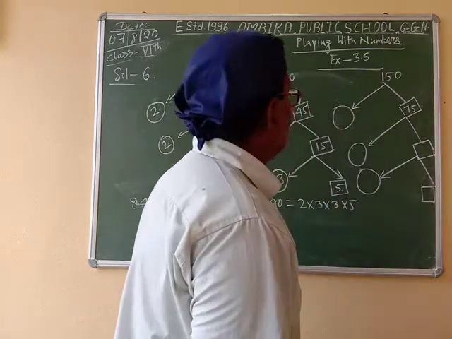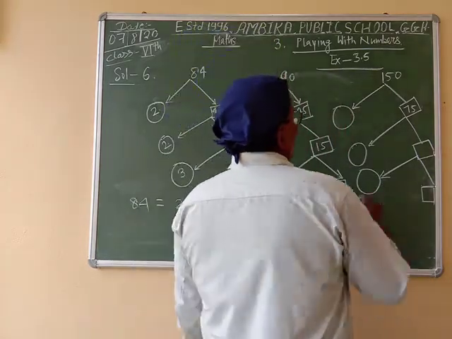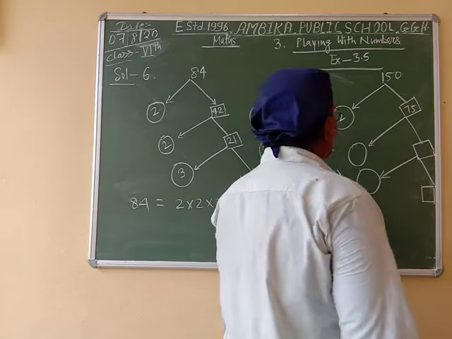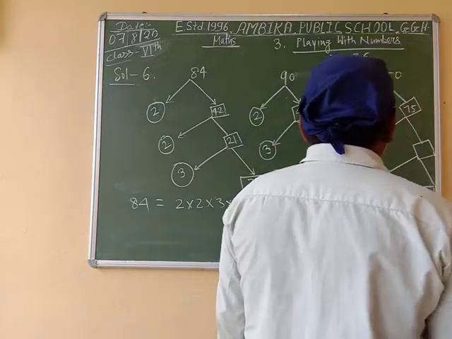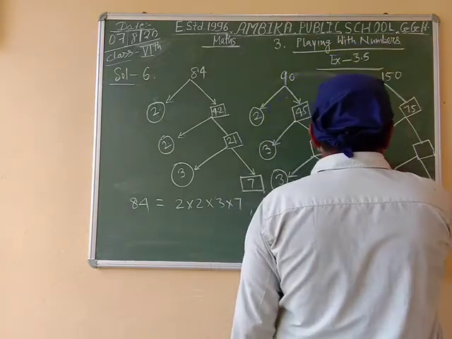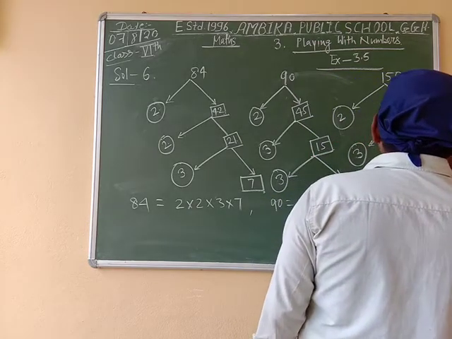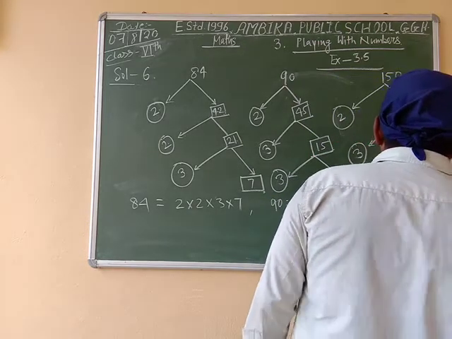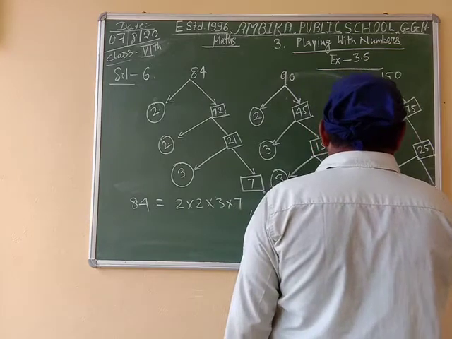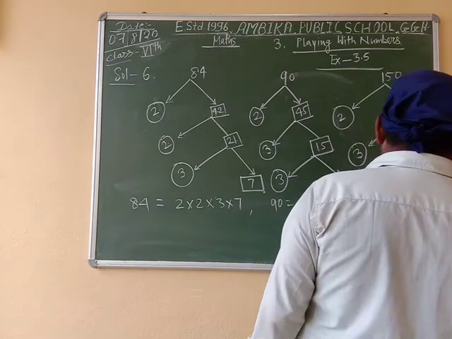First of all, we divide 150 by 2. 75 is obtained as quotient, and dividing 75 by 5, 25 is quotient, and dividing 25 by 5, we get 5 as quotient.